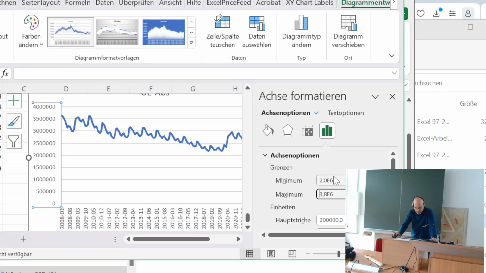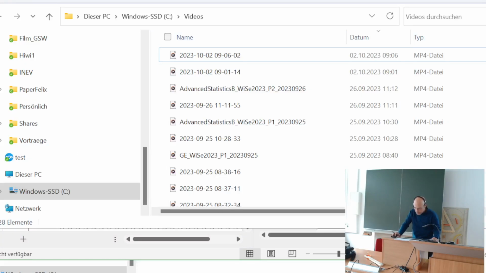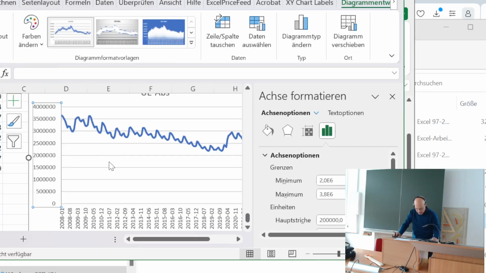Now, no. So I'm a little bit puzzled because I changed the numbers and my diagram is not changing. This is quite funny.